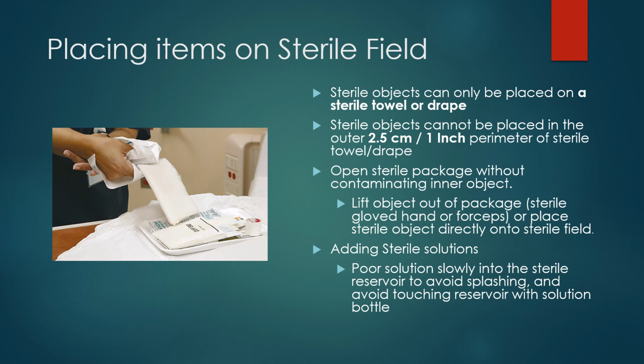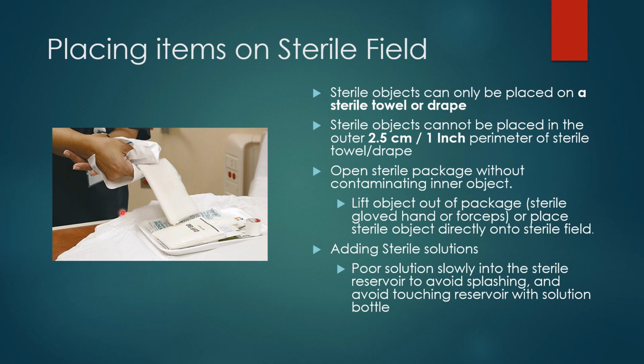We can open a sterile package without contaminating the inner object. We do that by banana peeling the package open. So similar to what is shown in this picture here, the two outer layers of the package are folded back to reveal the inner contents. The package is not ripped or cut.